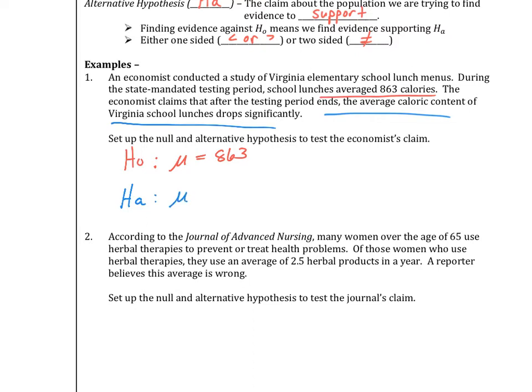This person claims that the average caloric content of Virginia school lunches drops significantly when they're not being tested. So they think that the average calories are less than 863. The null hypothesis is the average they give you. The alternative hypothesis is what you're trying to test or prove, and they're trying to say that it's less than that.